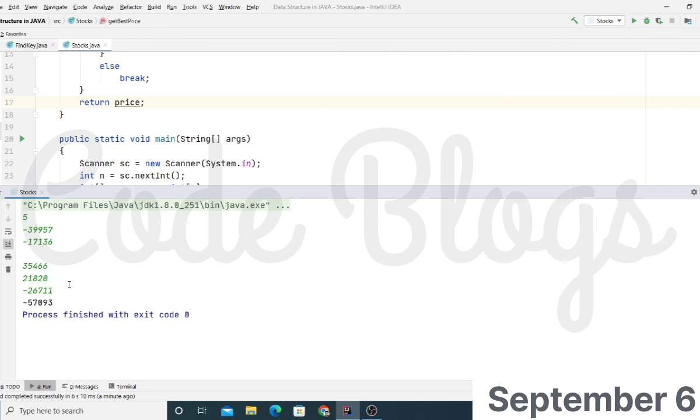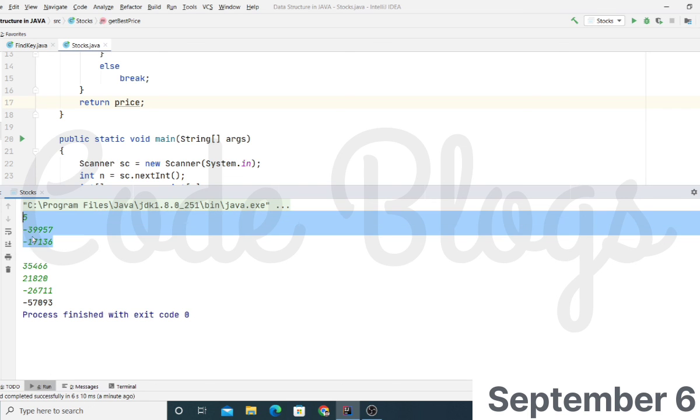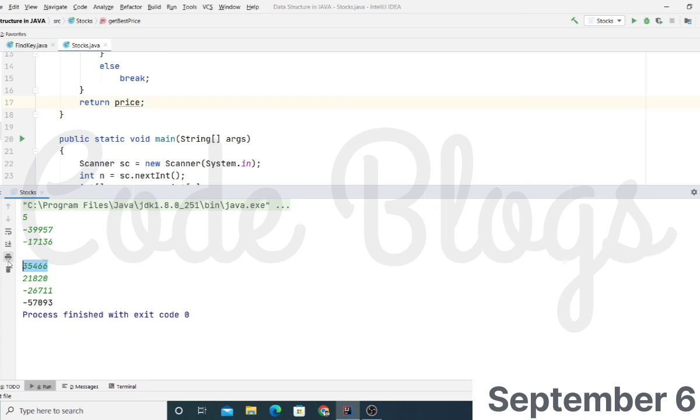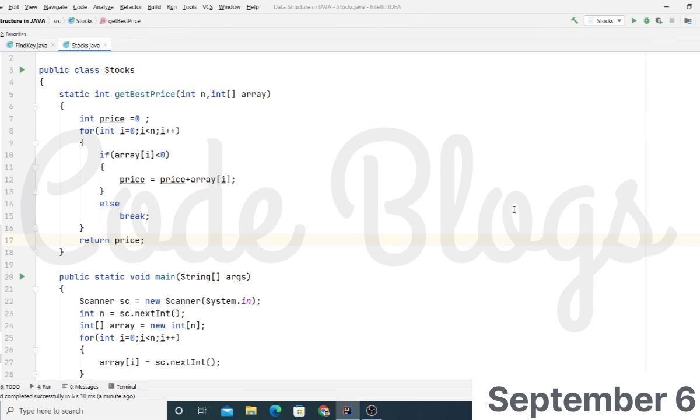Now the value of the stock at its lowest price becomes minus 57,093, and the day is day 2. On day 2 we have to buy the stock. On day 3 the value becomes positive, so we cannot get maximum profit. To get the maximum profit, we have to buy the stock on day 2, and the value becomes minus 57,093. So this is the code of the stocks problem.